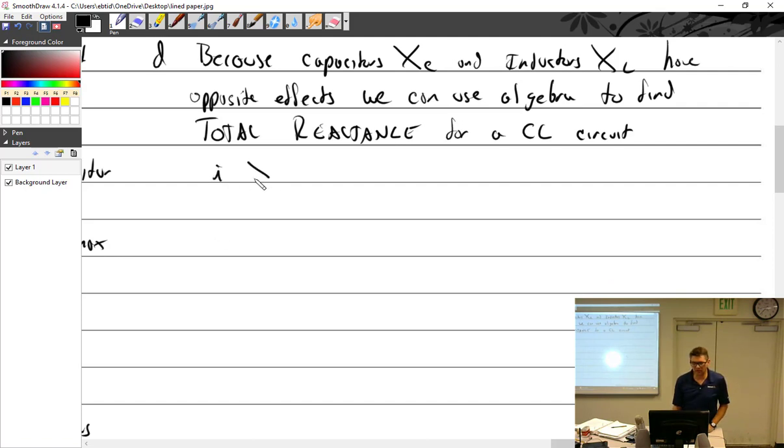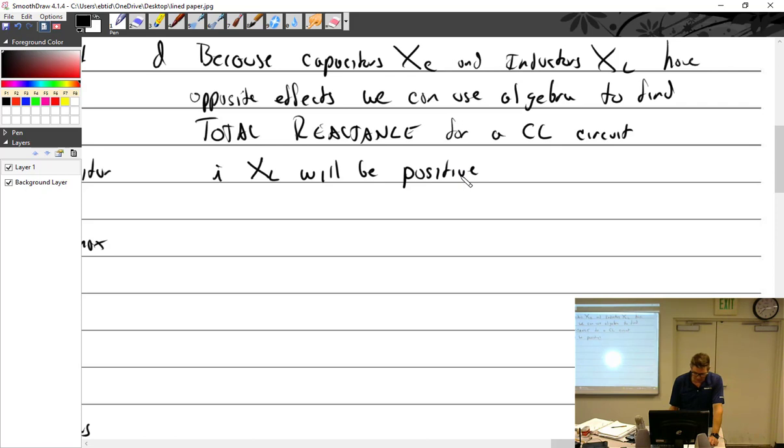So X of L, what's X of L? Nope. X of L, inductive reactance. Everybody's got to stick with me on this. Inductive reactance, that is the ohm version for inductors, will be positive.